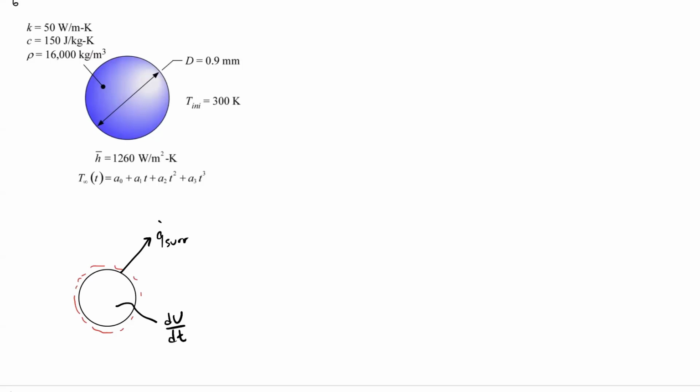So let's go and write our energy balance here. We'll say in equals out plus stored. We don't have any generation, that's why I neglected it there. So in equals out plus stored. Well, what's going in? Nothing. What's going out? Out is Q surroundings, and what's being stored?